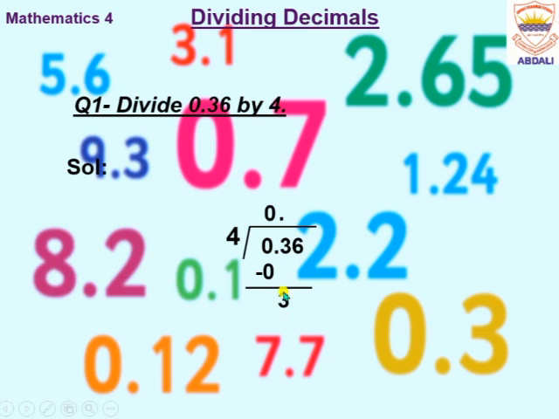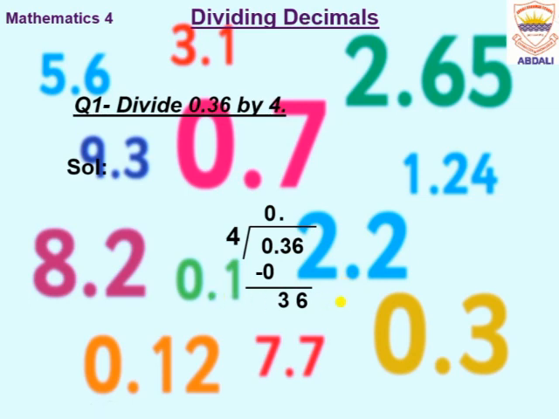As you can see that 3 is smaller than 4, so 3 cannot be divided by 4. That's why we have to bring down 6. So read out the table of 4 and tell me where you will get the digit 36.